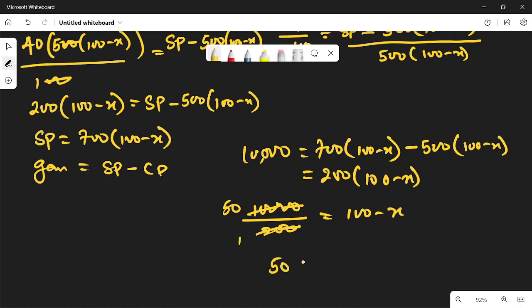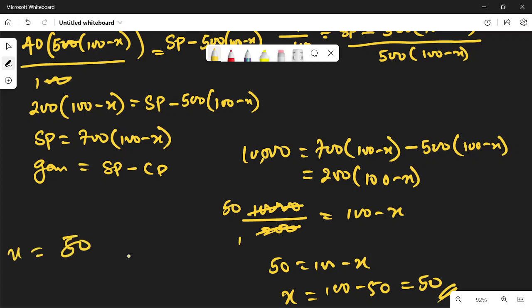So you have 50 equal 100 minus X. So X is now equal to 100 minus 50. And that will give you what? 50. So that's why we get that the value of X is 50. So it means that Audu would have lost by 50%. Is that taken now? Yes, sir.